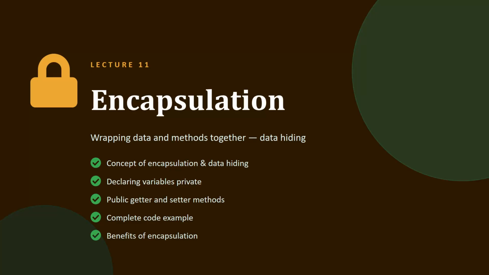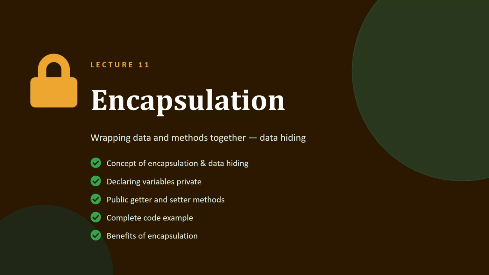So when you make these variables or other functionalities hidden from other classes, but fully accessible through the methods of their current classes, then we call it data hiding.